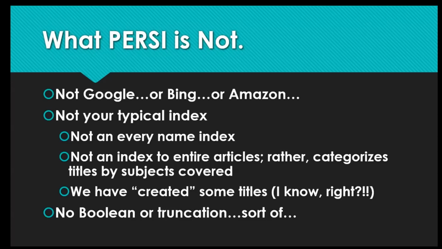We have said over and over, my colleagues and I know most all of you, Google is our friend. Google is one of the many powerful tools for genealogists. I hope this isn't heresy, but I would rate Google up next to FamilySearch and Ancestry as something that genealogists must use all the time because it's so great at finding information on the web. So PERSI's not that, it's just not.